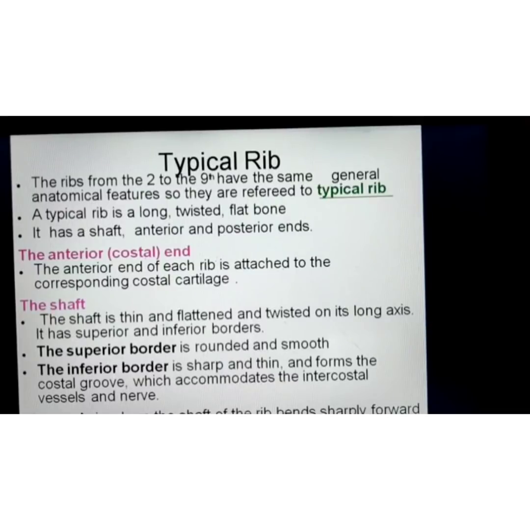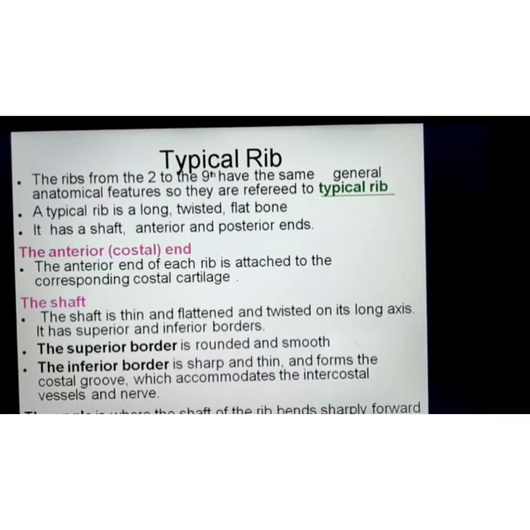So a typical rib is long, twisted, and it is a flat bone.